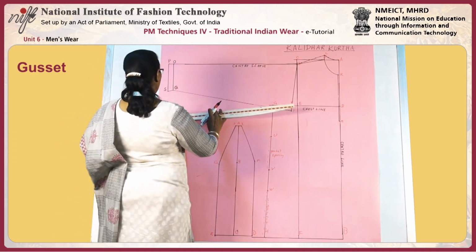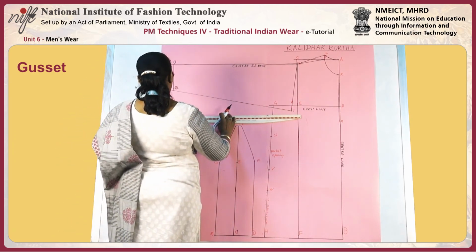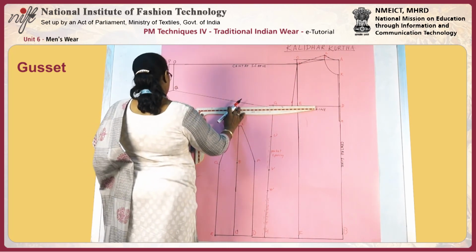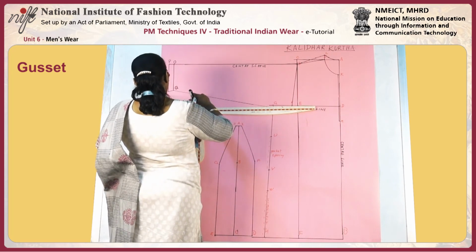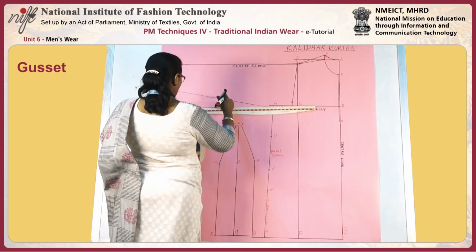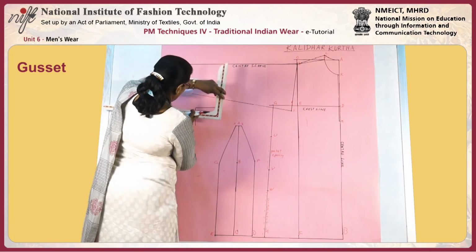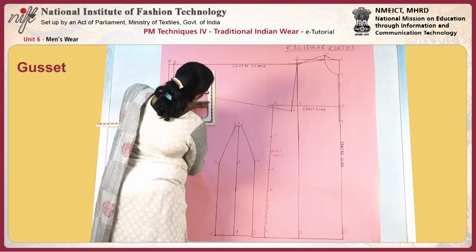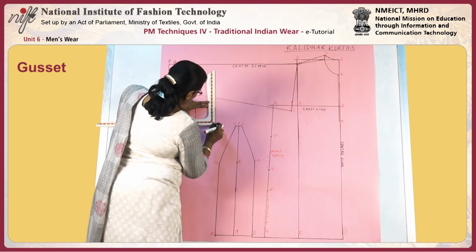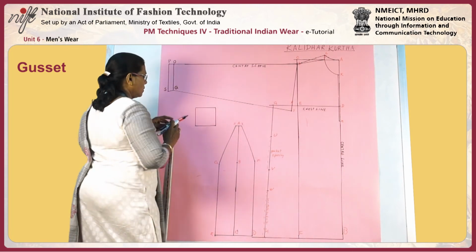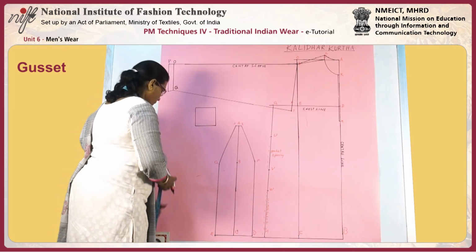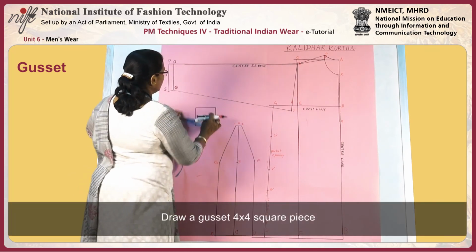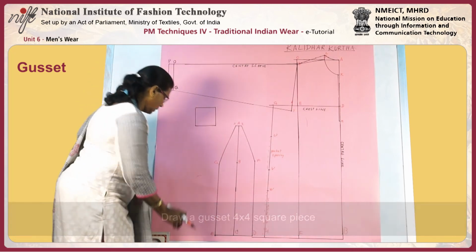And then we should draw a gusset piece. Draw a perpendicular line, 4 inch by 4 inch. The square piece of 4 inch to be cut as a gusset piece.